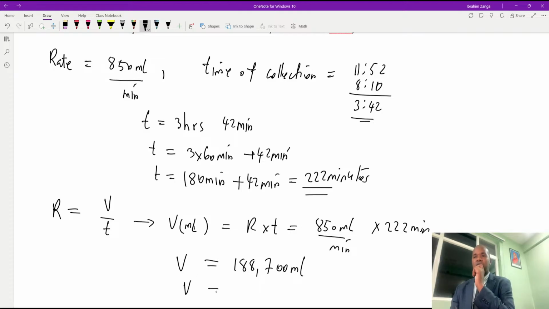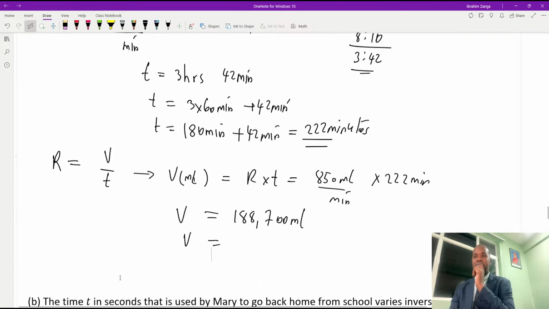So volume in liters, I'll be taking now 11,100 divided by 1,000, and eventually this is going to be in liters. So when you divide, you're getting 11.1 liters, dear students.